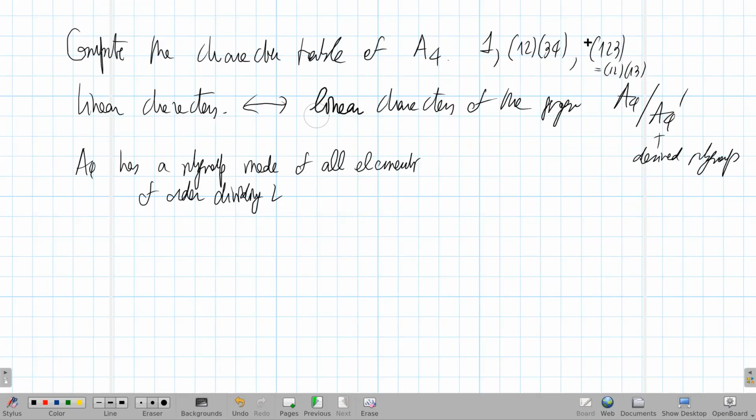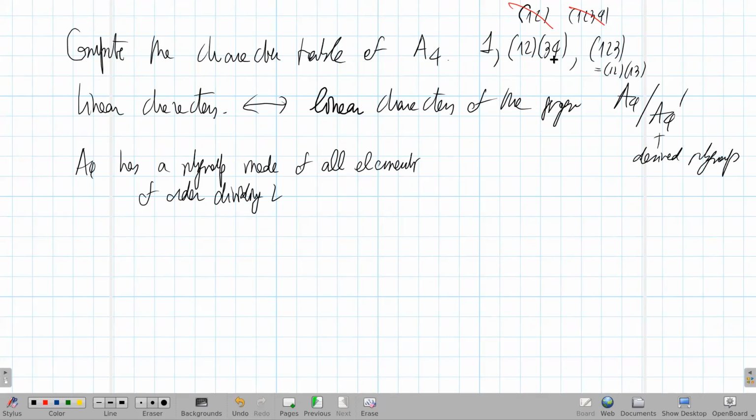And the other elements are odd. Because you have (1 2), but this is not okay because of course it's odd. And then you're also left with (1 2 3 4), but this is the product of 3 2-cycles, so it's also odd.